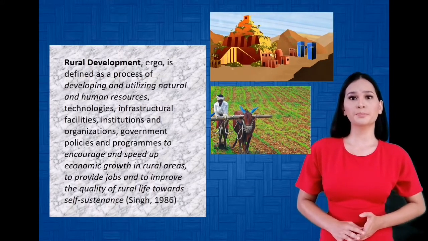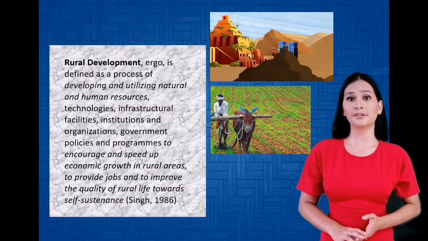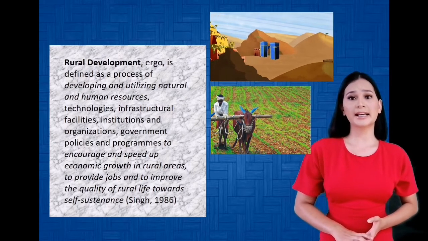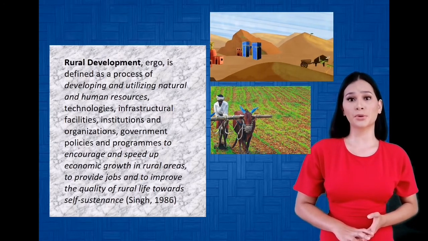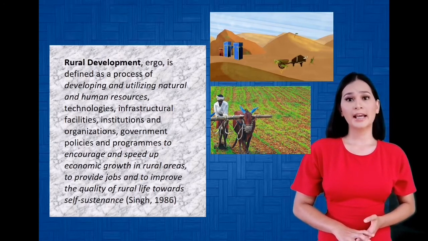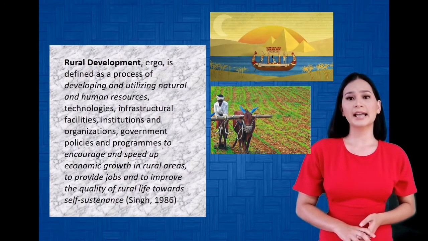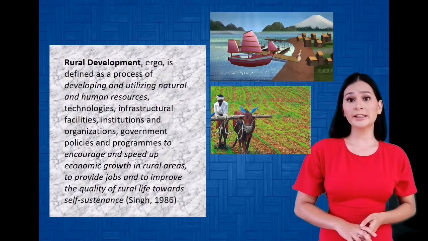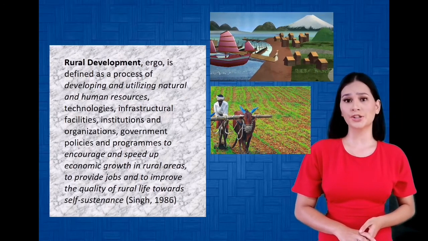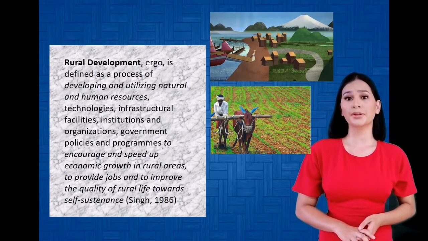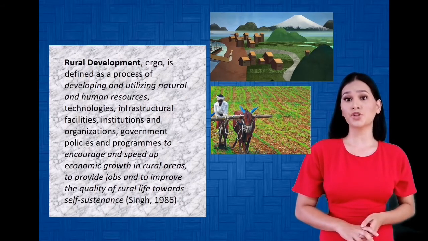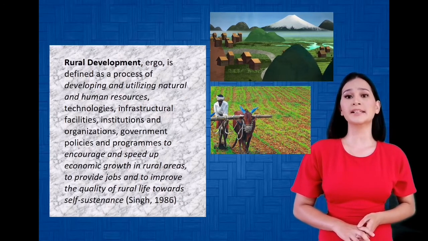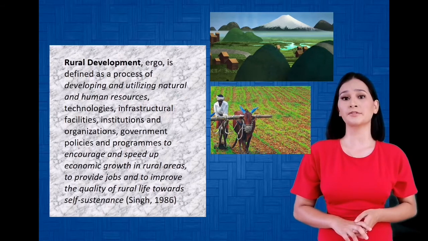Therefore, rural development is defined as a process of developing and utilizing natural and human resources, technologies, infrastructural facilities, institutions, and organizations, government policies and programs to encourage and speed up economic growth in rural areas to provide jobs and to improve the quality of rural life towards self-sustenance.